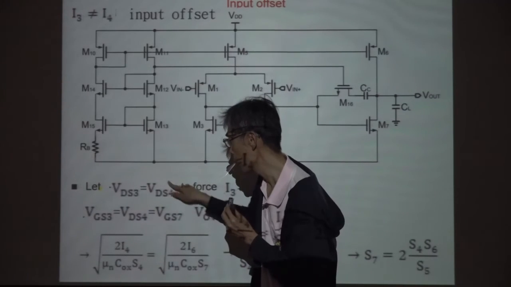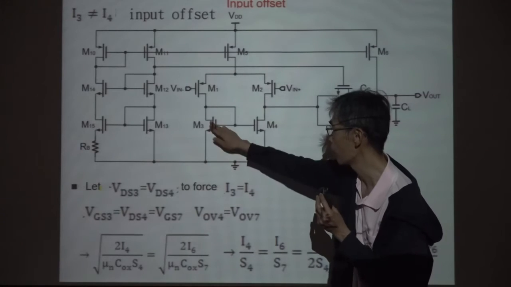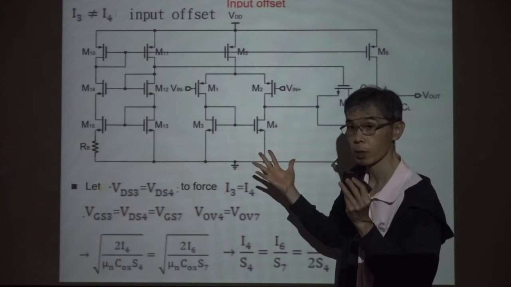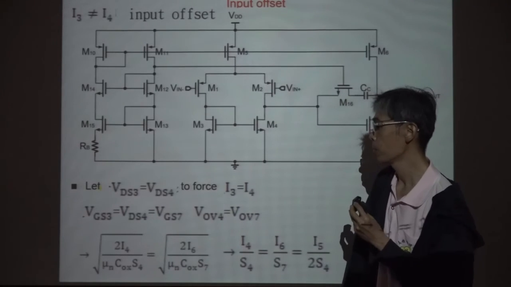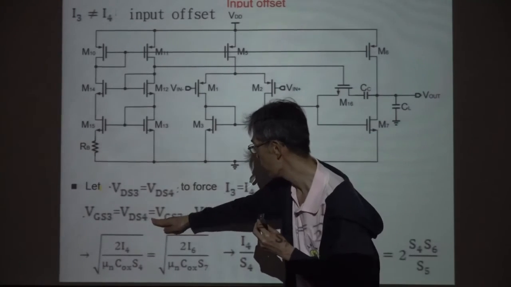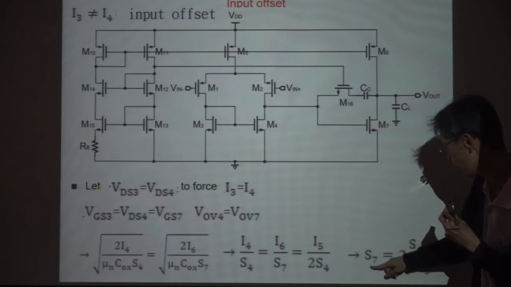Then if we have this, you can be sure I3 equals I4, because this is what we want. I3 must be equal to I4. So using this, you can derive your final condition.